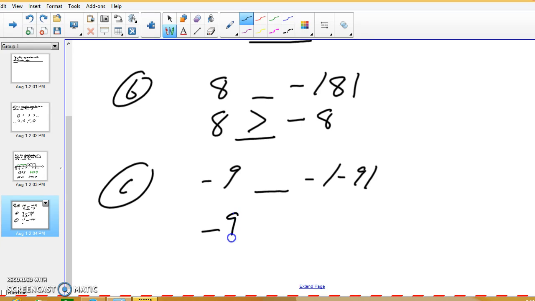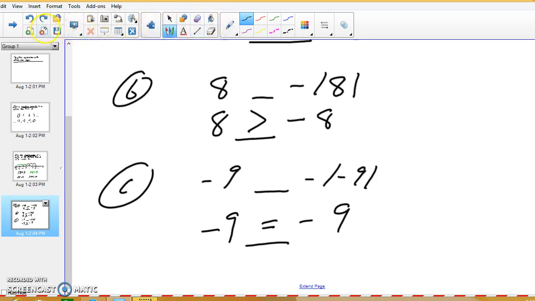Again, you have no absolute value sign, so it's just that. Now you have the negative of the absolute value of negative 9. Since the absolute value is the distance from 0, negative 9 is 9 spots away from 0, so it is 9. So negative 9 is less than, greater than, or equal to negative 9. Well, it would be equal to negative 9.